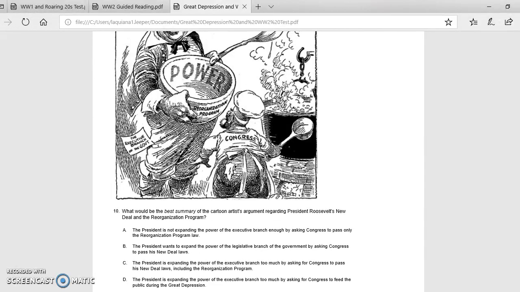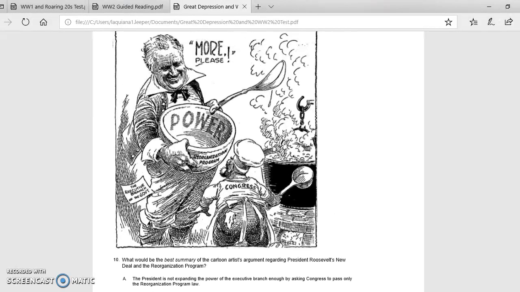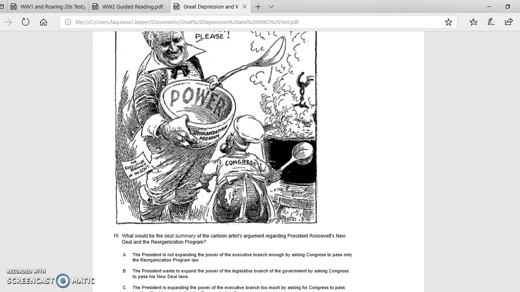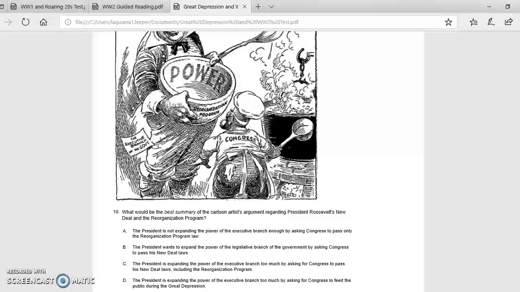The cartoon artist's argument regarding President Roosevelt's New Deal and the reorganization program. So this artist is arguing something, and we are talking about the New Deal and reorganization. Says A, the president is not expanding the power of the executive branch enough by asking Congress to pass only the reorganization program law.